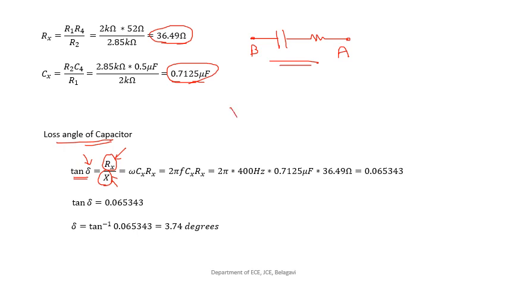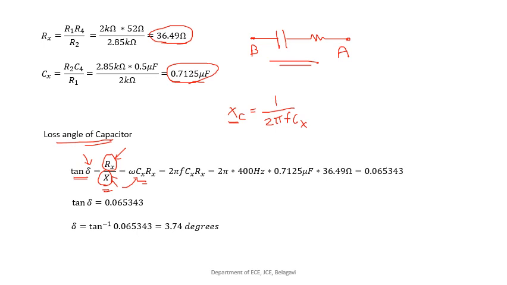Normally capacitive reactance Xc, if you write, it will be 1 by 2 pi f Cx, you can say reactance. So this X, if you evaluate, it will become like this: omega Cx Rx.